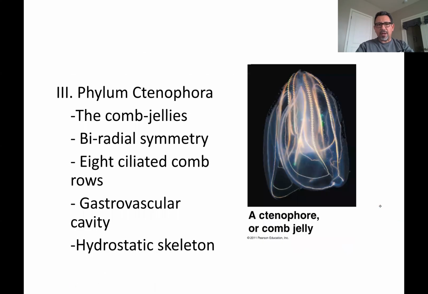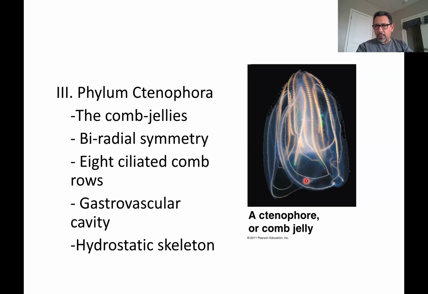And there's one more group that I want to briefly mention, the phylum Ctenophora, or the comb jellies. These animals have 8 combs of cilia, and they have biradial symmetry, meaning that the body can only be cut exactly in half in 2 different ways. These cilia combs are going to be characteristics of the animal.